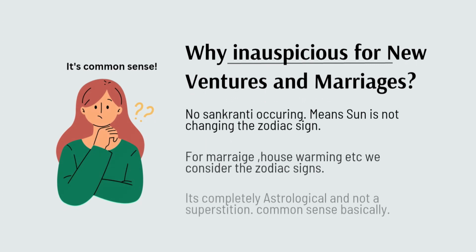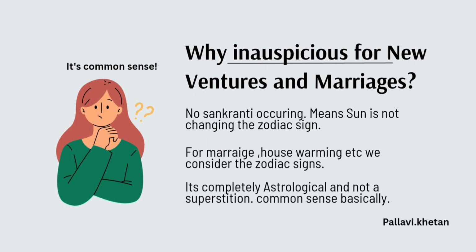And that is the reason why it is considered inauspicious for new ventures and marriages. It is not actually inauspicious, there is no superstition regarding it, but it has a typical astrological reason. Because during Adhik Maas, no Sankranti is occurring. Like the sun is not changing the zodiac sign, we only have the new moon and full moon. So because no Sankranti is happening, the sun is still in the same zodiac sign it was in the month before.